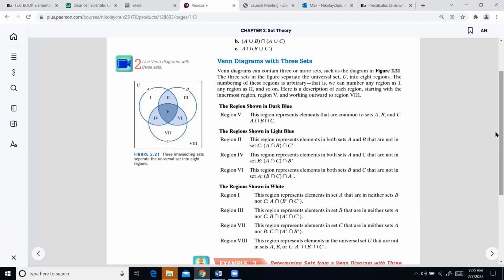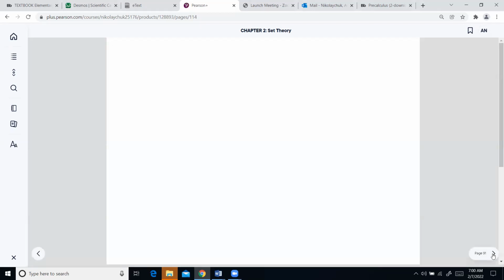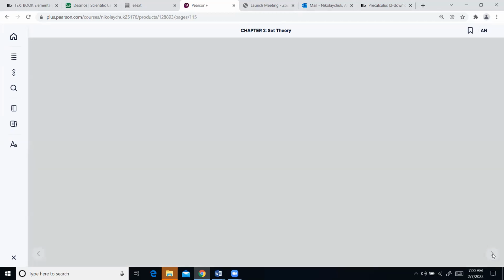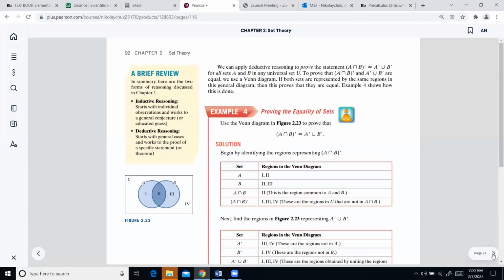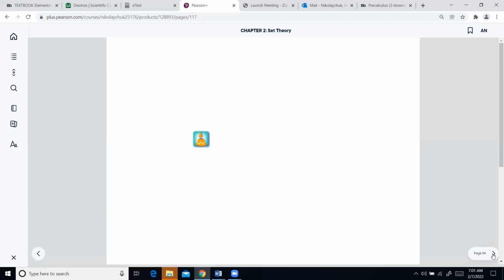And it's possible to visualize everything here on figure 2.21, the one that I just opened. So that's our Venn diagram. We utilize these diagrams to do various little exercises, and we also had a quiz on that section.